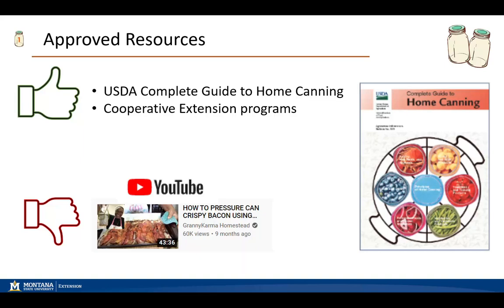Montana State University Extension also continues to publish guides with information on preservation specific to Montana conditions. It is critical not to rely on old cookbooks, gardening publications, YouTube videos, and out-of-date home canning publications.